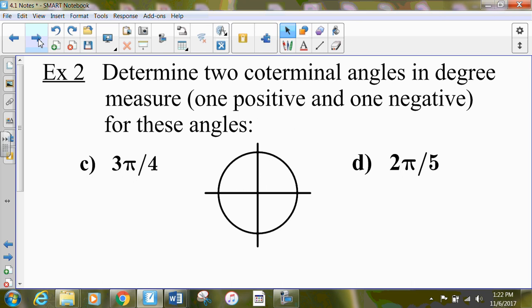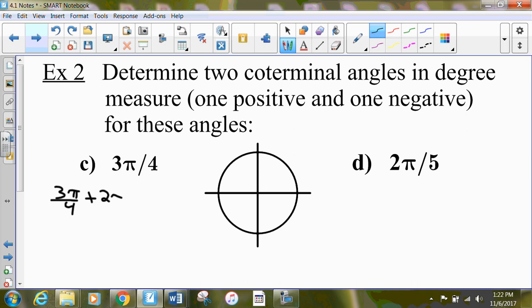And so if I look at 3 pi over 4, remember how before I used to add 360 and subtract 360? Well, what's the same as 360? 2 pi, that's right, 2 pi. So the only problem with radians sometimes is that I'm going to have to find common denominators because I can't add these two things without finding that common denominator.